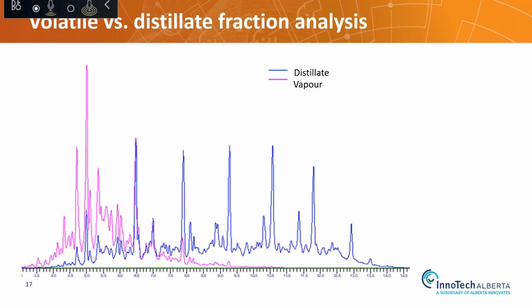So when I mentioned complex mixtures a few slides ago, one of the tricks here is, especially if you have a mixture that has a variety of different volatile components, you can look at the mixture itself and analyze it, but it isn't always indicative of what is going to be released into the atmosphere. And so that's sort of hit home here. So I created a distillate with a certain range of carbon compounds, which is the blue.